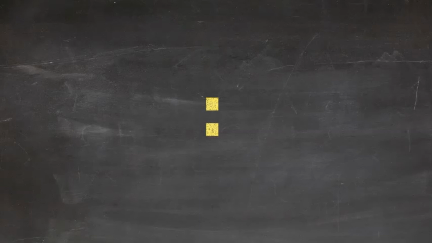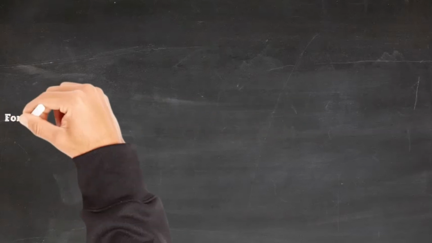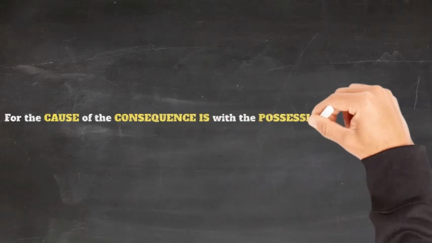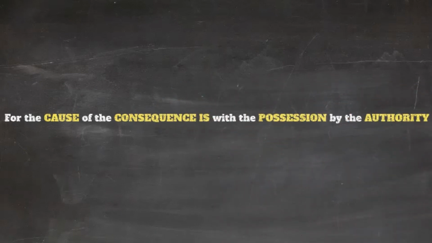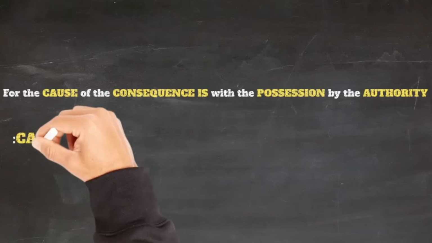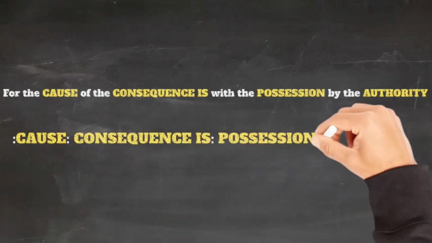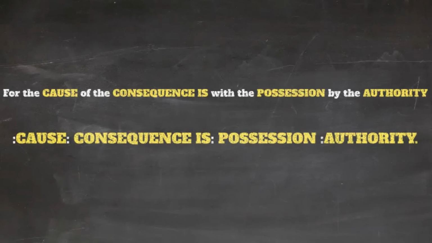Full colons can be used instead to convey these. So instead of writing, for the cause of the consequence is with the possession by the authority, I can write full colon cause, full colon consequence is, full colon possession, full colon authority.